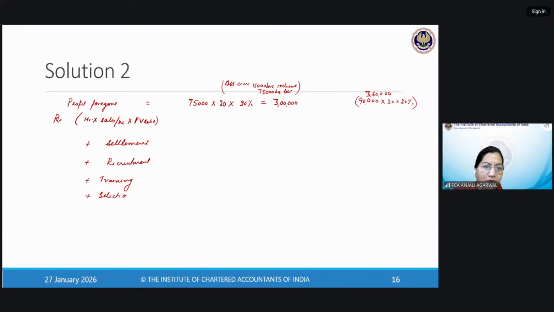So you will write them all separately, whatever the figures they are. I did a total of it as 75,000. Okay. So 3 lakh plus 75,000, 375, or 360 plus 75, 435.